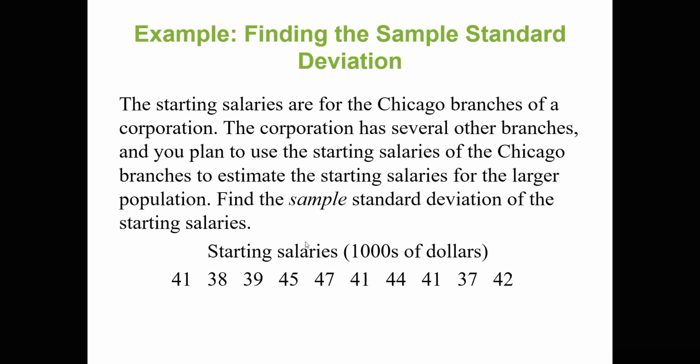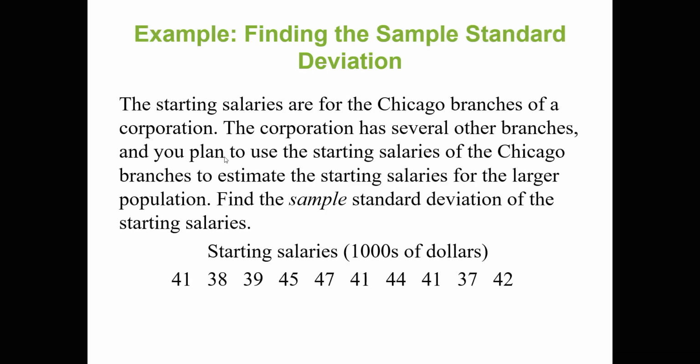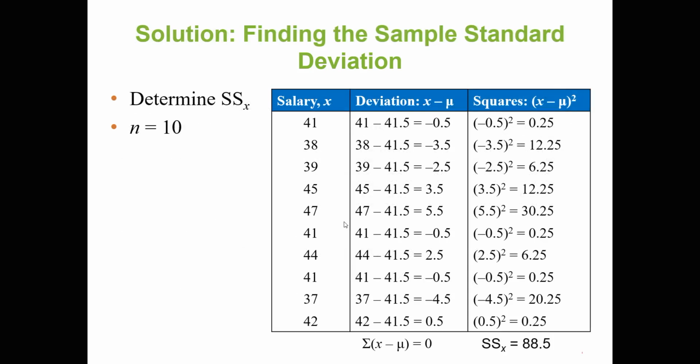So you do exactly what we did in the previous example. You know what the mean value is. So you look for the deviations and the squared deviations. Now, when you come to divide, you no longer divide by N because you have small n indicating you are dealing with a sample. So you will divide 88.5 by n minus 1, which is simply 10 minus 1, 9.